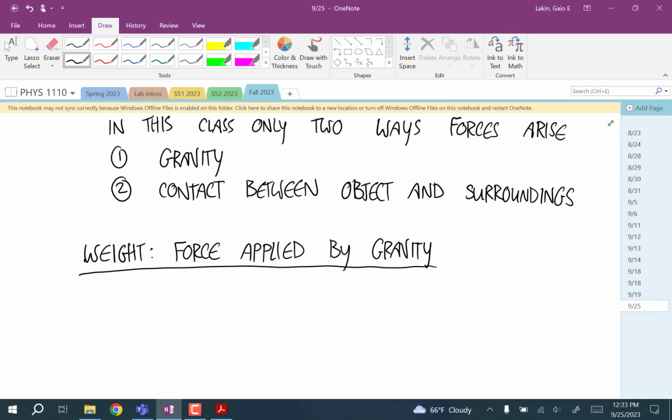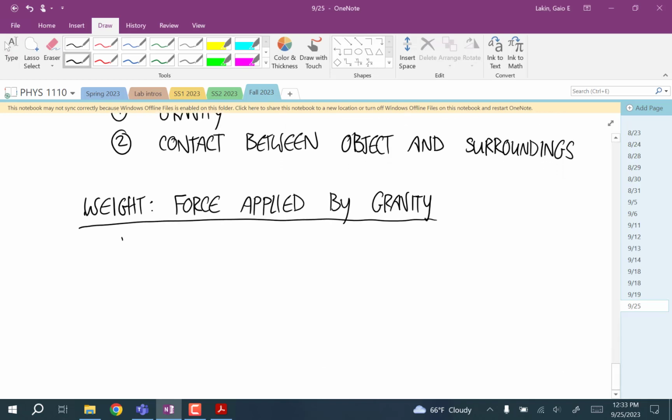And what we saw is that horizontally, no matter what the object's doing, gravity pulls just as hard on the object. Okay? And so I'm going to start by making the assumption that the force gravity applies to an object is the same no matter what the object is doing.